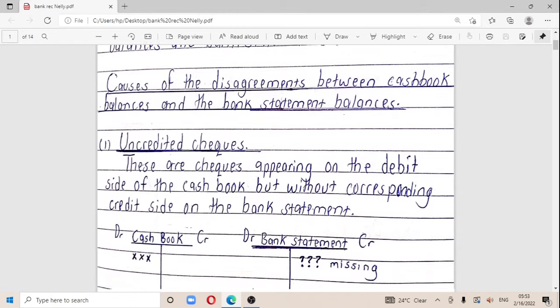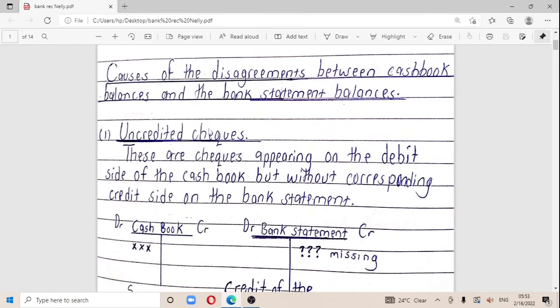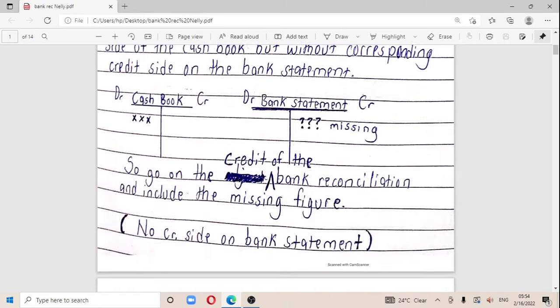So we get to have uncredited checks. From the wording itself, uncredited, before I take you into the definition, when you get to hear the word uncredited checks, just know something is uncredited. You just get to know that there is no credit side on the bank statement.